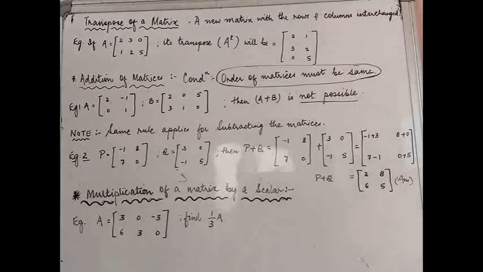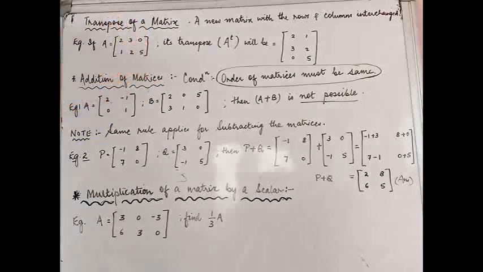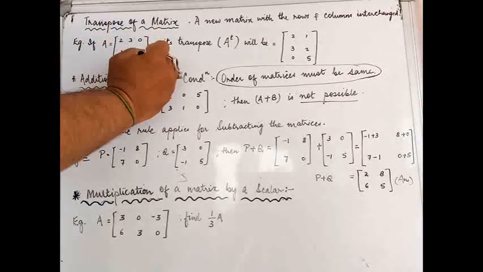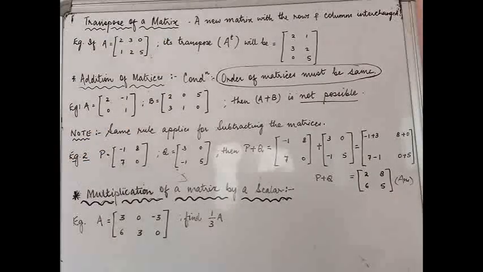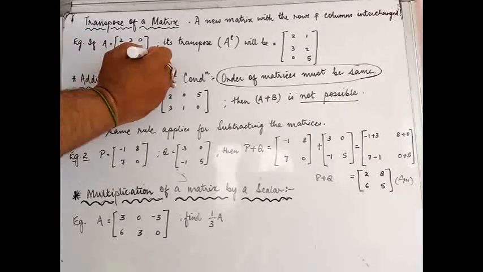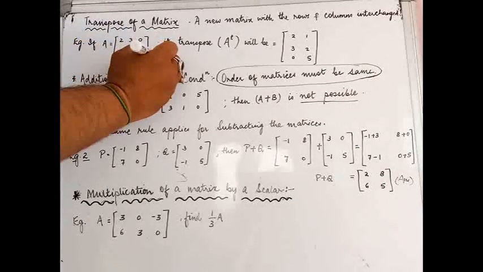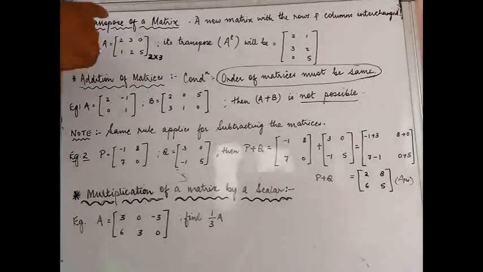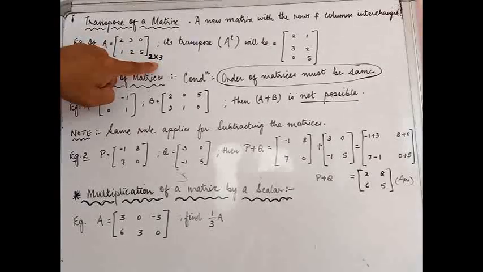Before we move ahead, there is a small but important observation. If you look at the order of this matrix, we write it in terms of rows and columns. There are 2 rows by 3 columns, so the order of the original matrix was 2 by 3.